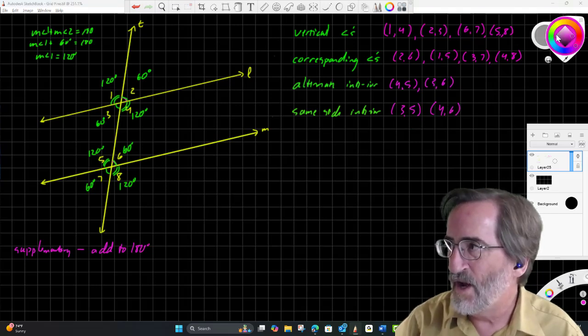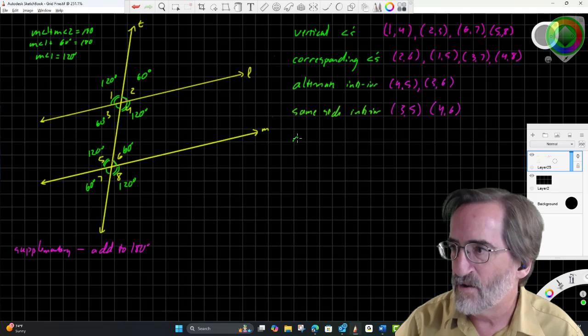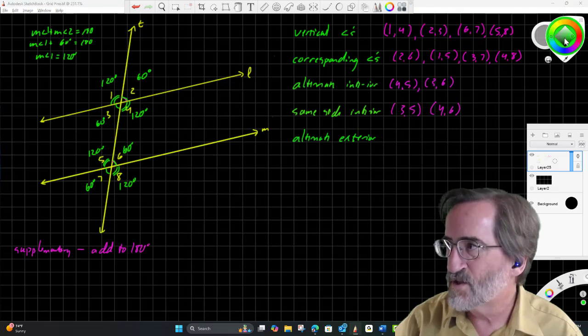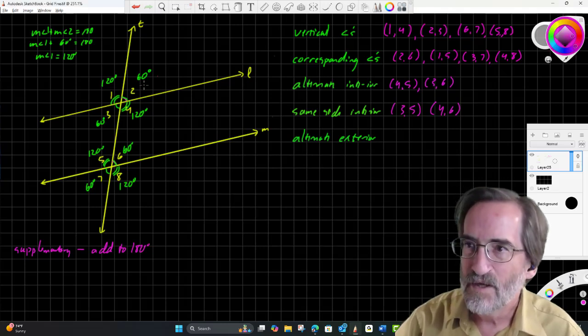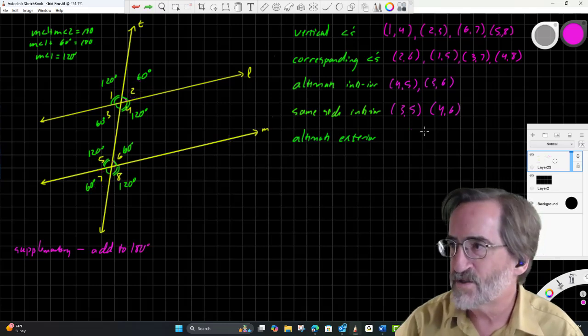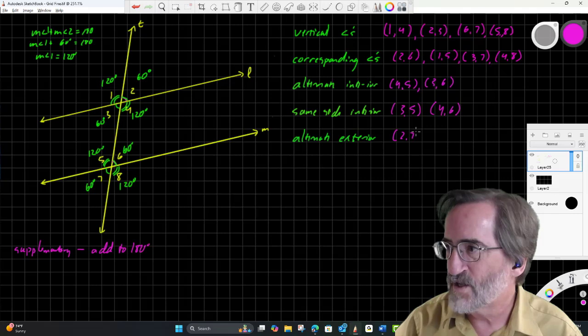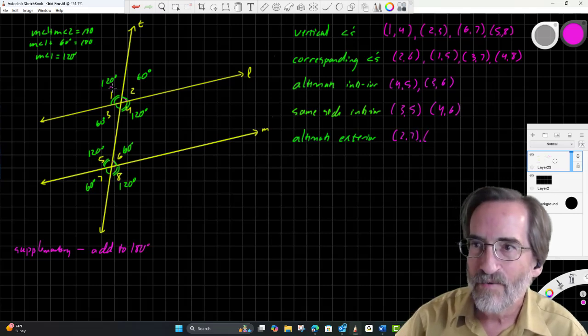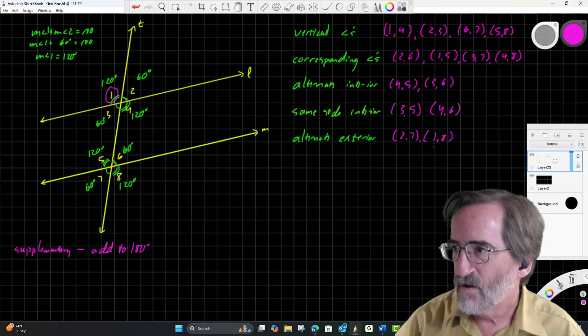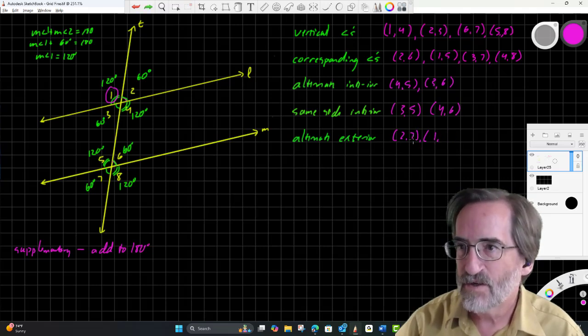We also have alternate exterior angles. Alternate exterior angles are angles like 2 and 7. They're alternate and they're exterior. 2 and 7, 1 and 8.